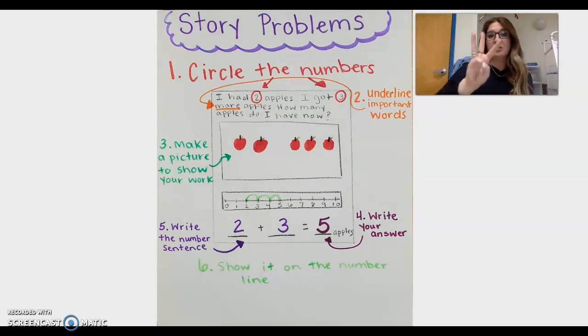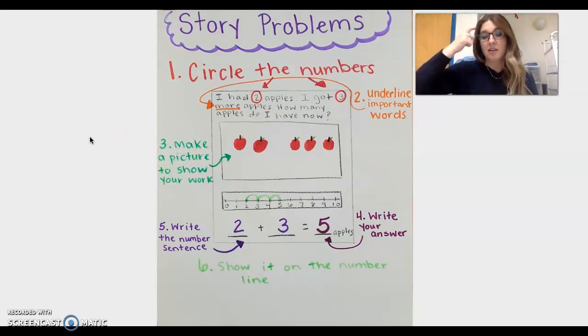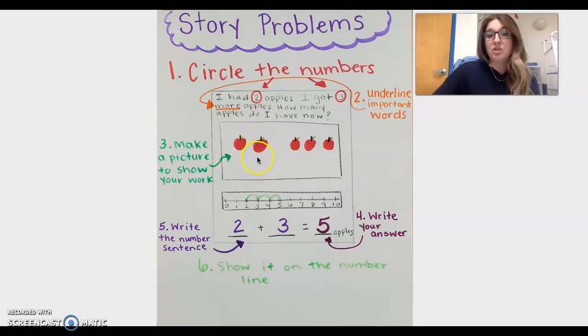Well, that brings us to step number 3. We make a picture to show our thinking. So if you look at my picture, I made it kind of separate because the most important thing in math is that we stay organized. So I have 2 apples because the story problem told me I had 2 apples.